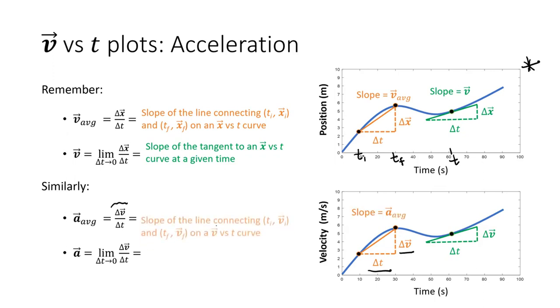And so that tells me that I have average acceleration that's just equal to the slope of the line connecting my initial and final time points on my v versus t curve.